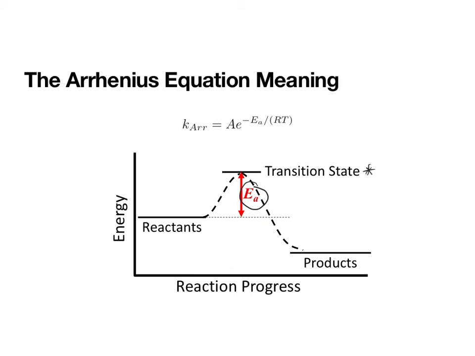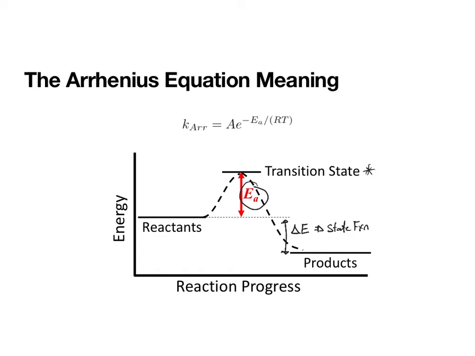And it can also give us the energy relative to the products, because remember that the delta E between the reactants and products is a state function.